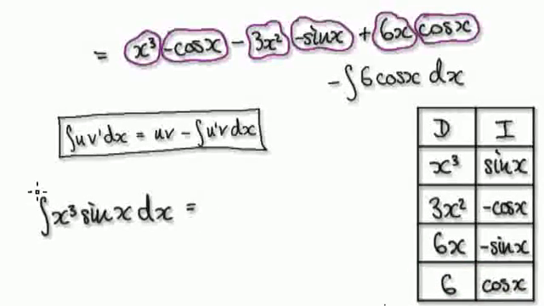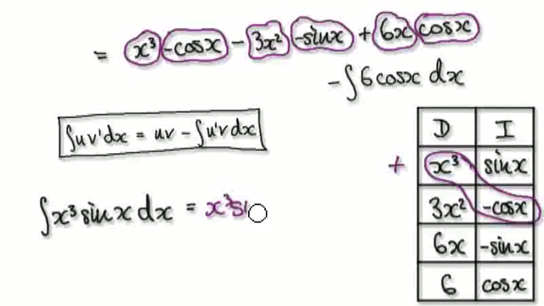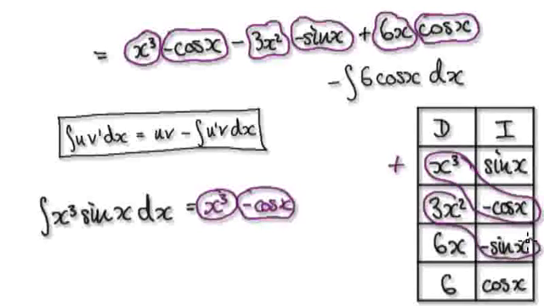So if you're trying to integrate this, it would be this. The first one would be this times this, and this here would be a positive. Let me start again. The first part would be x to the power 3 times minus cos of x, and then the next one will be this times this, but it would be a negative.